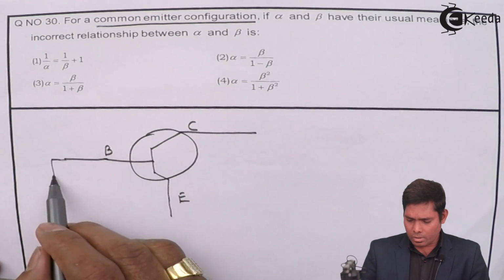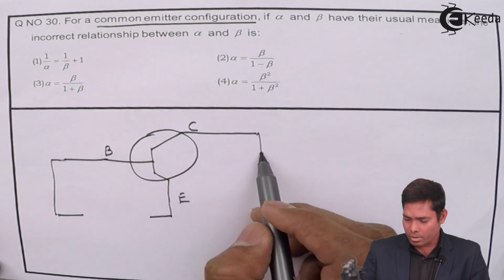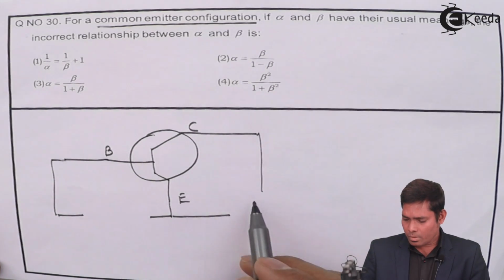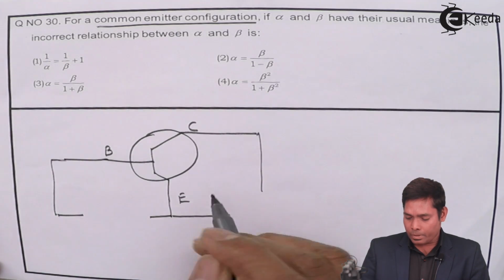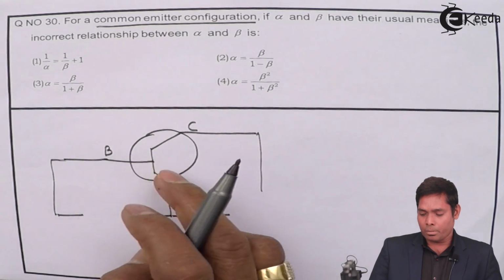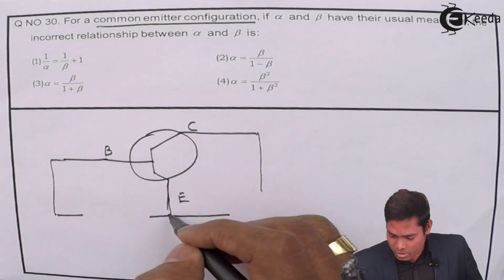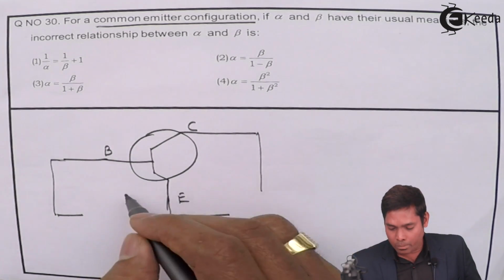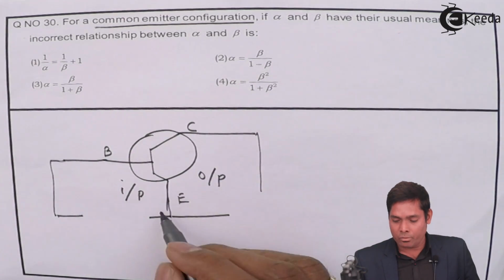This circuit and this circuit. I am not writing the voltage that I am supplying here, but it depends on the PNP or NPN transistor. But basically, this is the emitter, which is common to both the input and output circuit. So this is common emitter configuration.